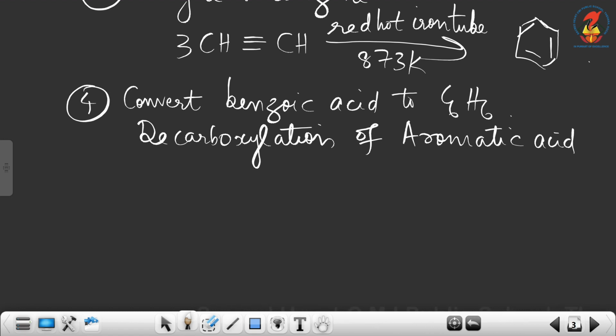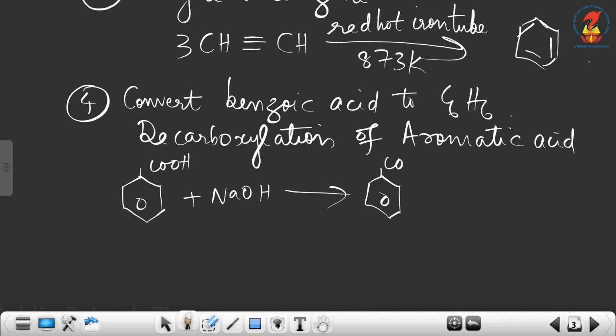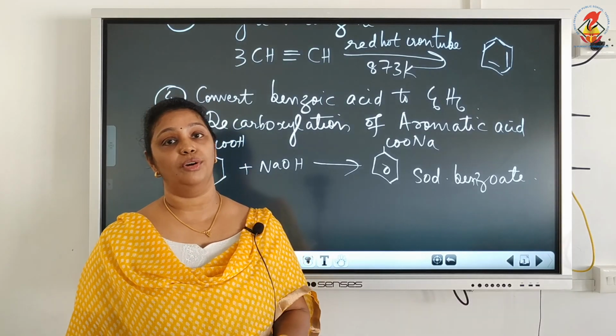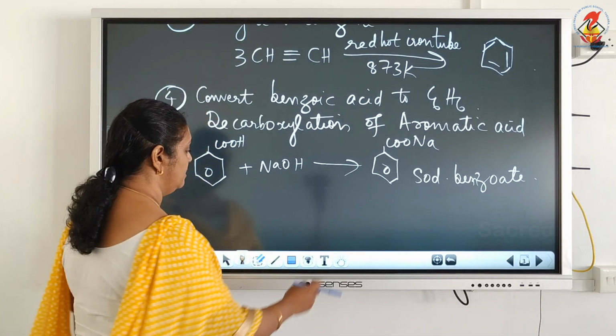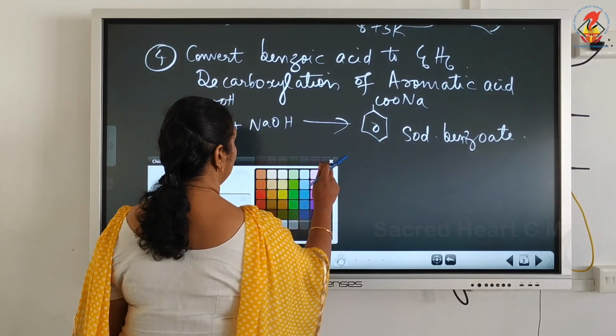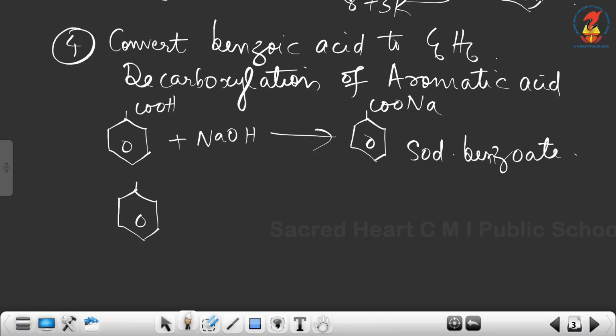How to convert benzoic acid to its sodium salt? First, treat benzoic acid with sodium hydroxide. You get sodium benzoate. Now treat the sodium benzoate with soda lime, or heat with soda lime. We get benzene. So the next step is sodium benzoate, C6H5COONa plus NaOH.